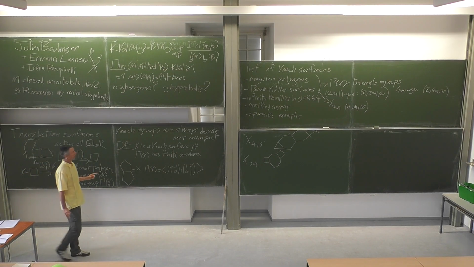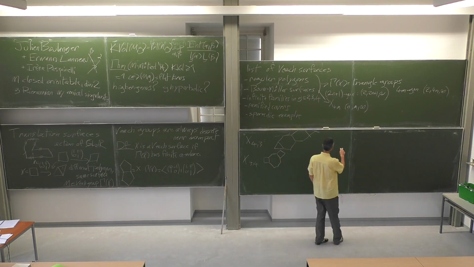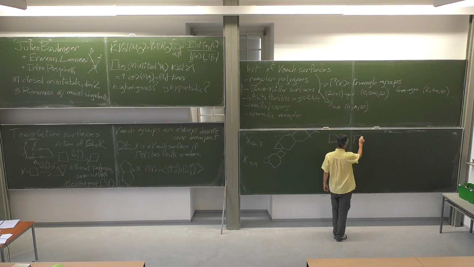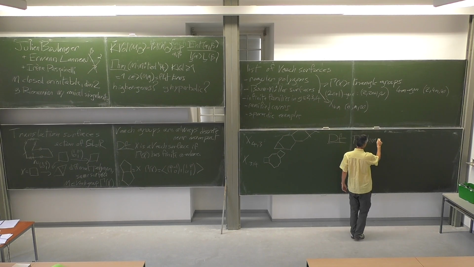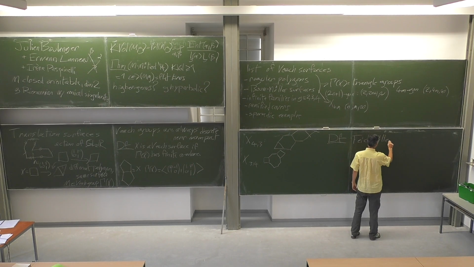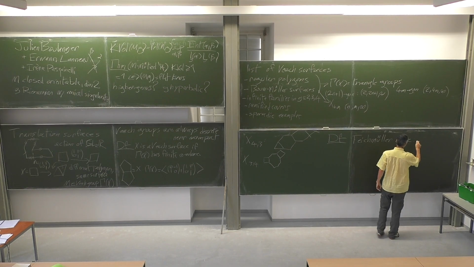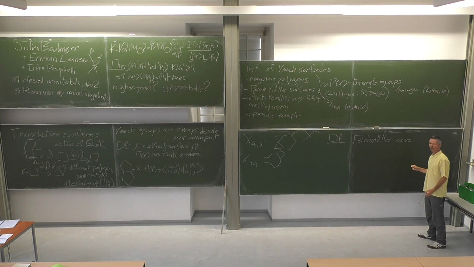Now I need to speak about the Teichmüller curve of each surface, of any translation surface, actually. It is just the quotient of the hyperbolic plane by the Veech group.